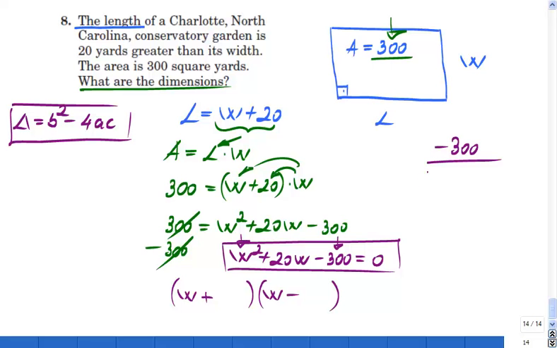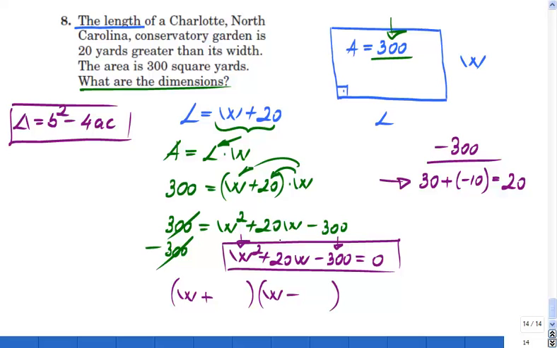And the first one that comes to me is 30 and -10, right? If I'm multiplying 30 by -10, I definitely get -300. But if I'm adding them, am I getting 20? Well, it seems so, right?